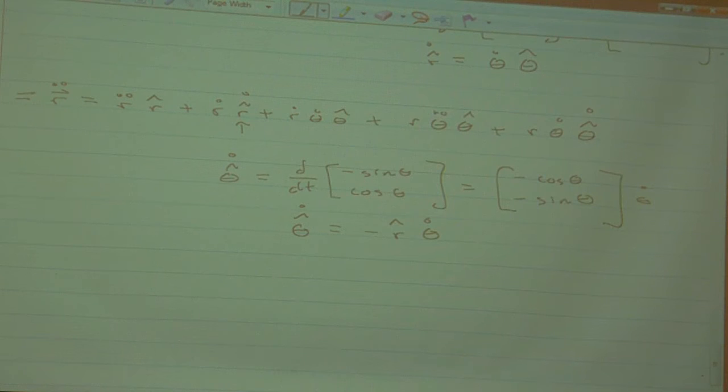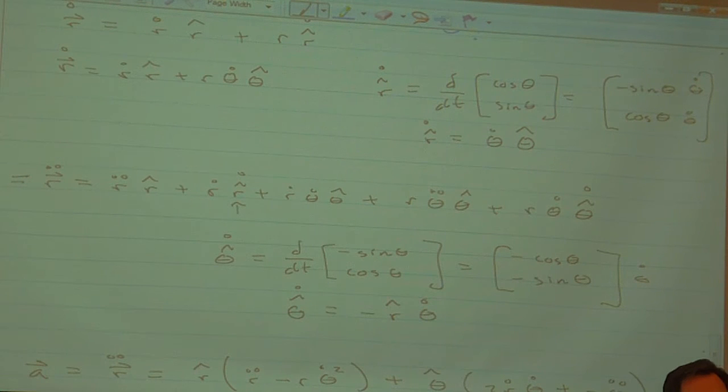So I'm going to substitute everything in, and what I'm going to get is A, the r vector double dot, is r hat times (r double dot minus r theta dot squared) plus theta hat times (2r dot theta dot plus r theta double dot). So you just plug in for r hat dot and theta hat dot, you collect up terms, and this is what you get.